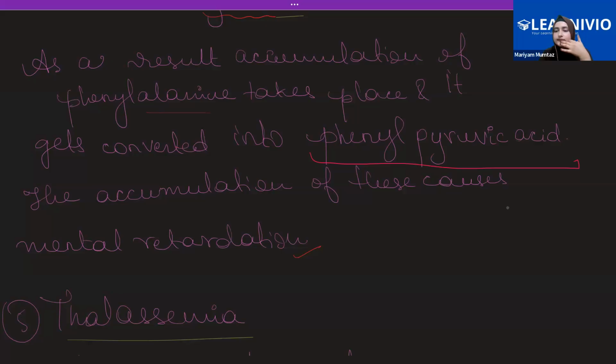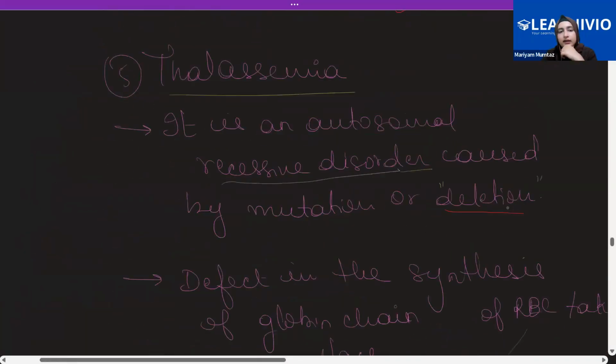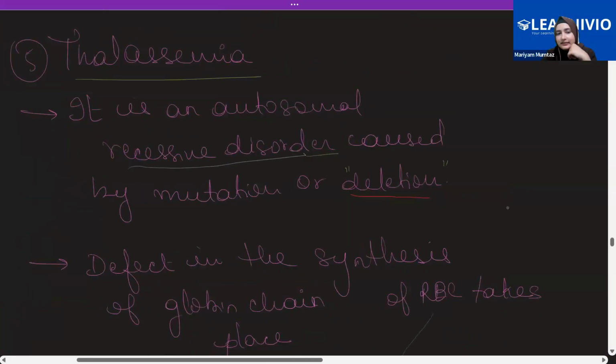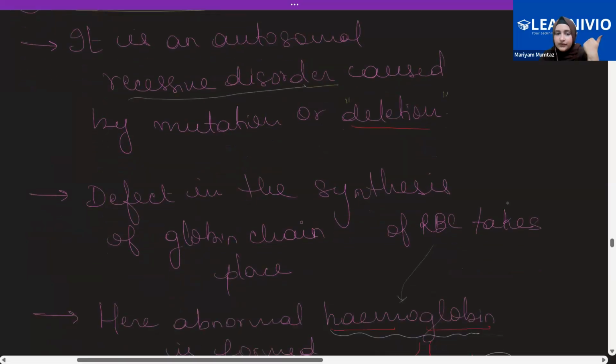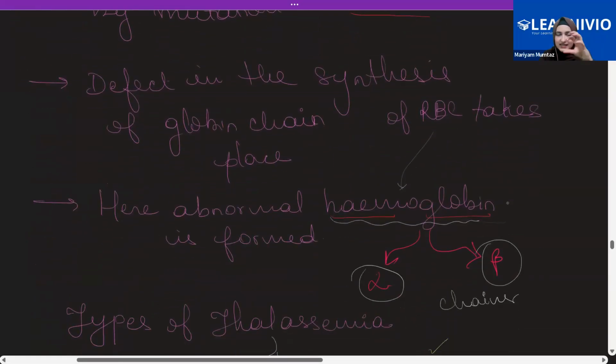Understood? Yes. After that, there comes thalassemia. Now, thalassemia is yet again an autosomal recessive disorder. This is caused by mutation or deletion, particularly, meaning a gene is getting deleted because of mutation. So what basically happens over here? Again, defective, abnormal hemoglobin is made.